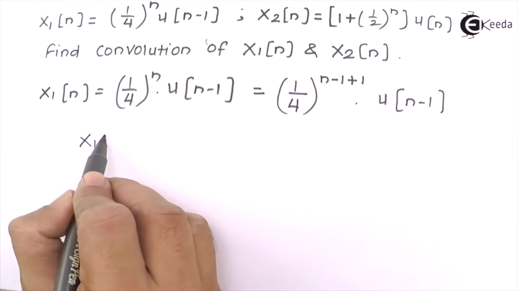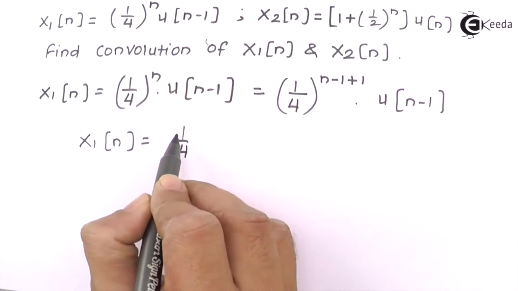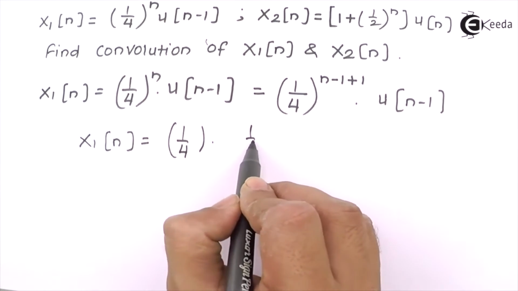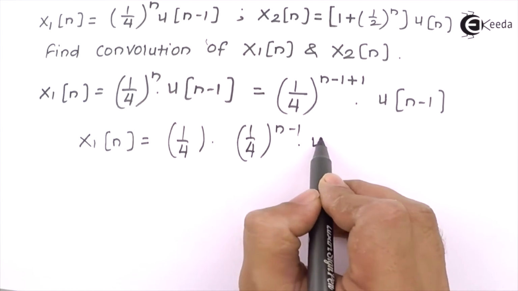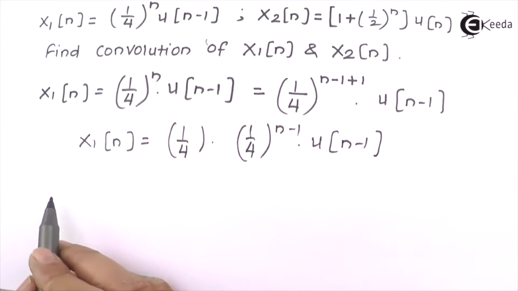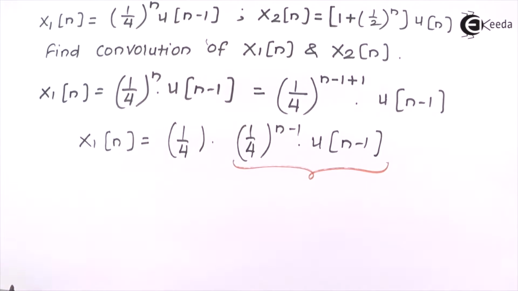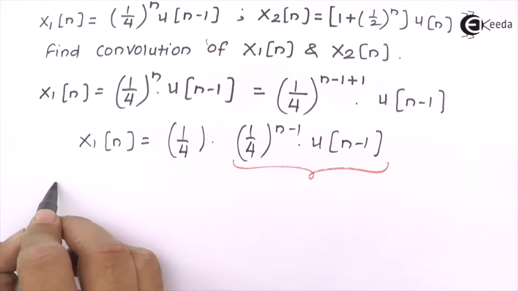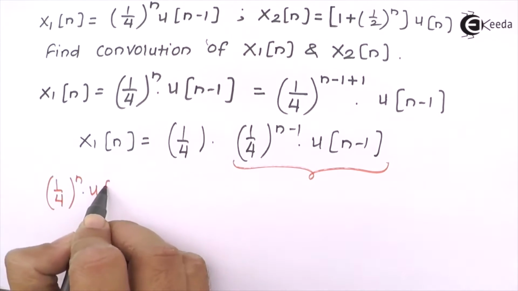In the end I will get x1 of n as 1/4 into (1/4)^(n minus 1) u of n minus 1. Now just concentrate on this part. We will take the simple signal (1/4)^n u of n minus 1.